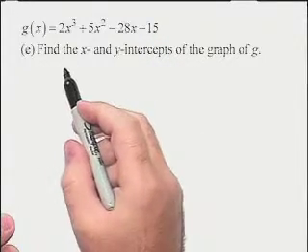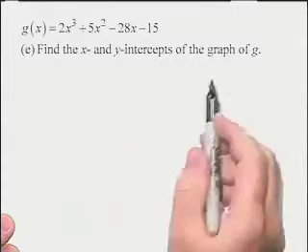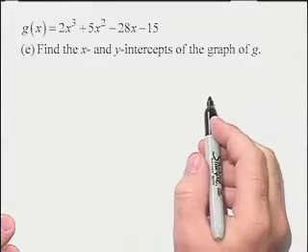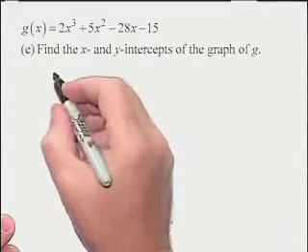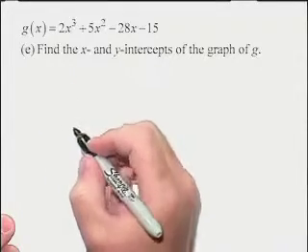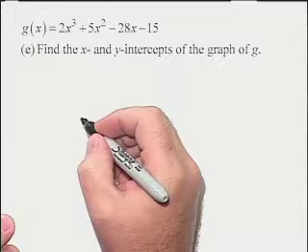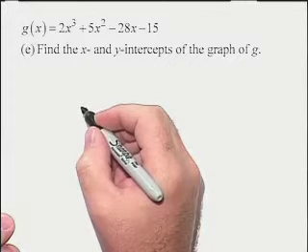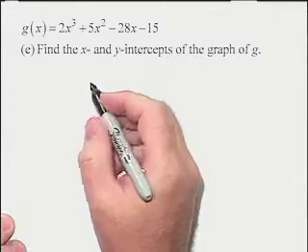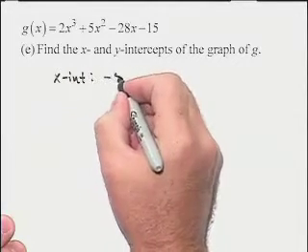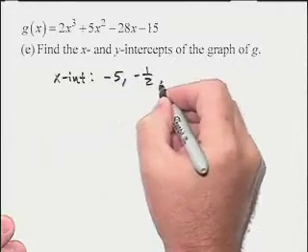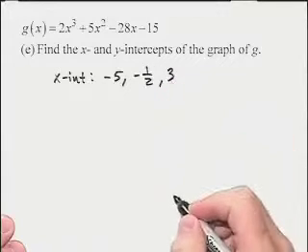In Part E, we're asked to find the x and y intercepts of the graph of g. In the previous part, we found that the zeros of the function were negative 5, negative 1/2, and 3. We've also seen that x-intercepts and zeros are essentially the same thing, so our x-intercepts are negative 5, negative 1/2, and 3.